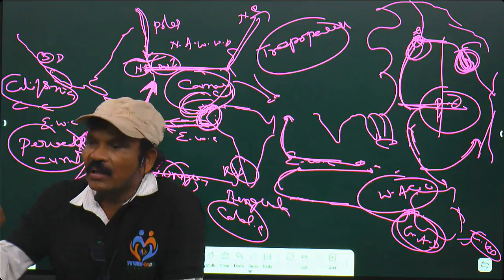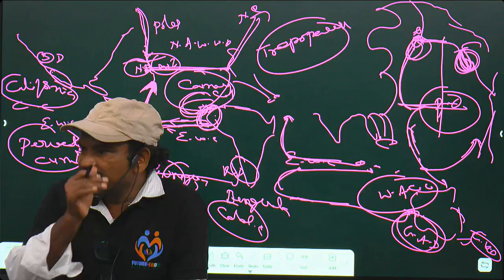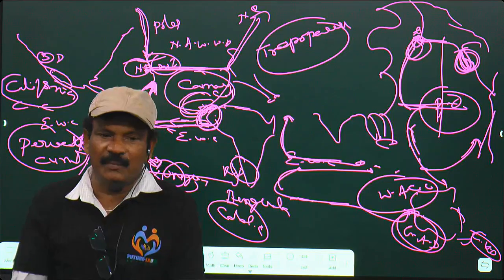So these are called subtropical high pressure belts.